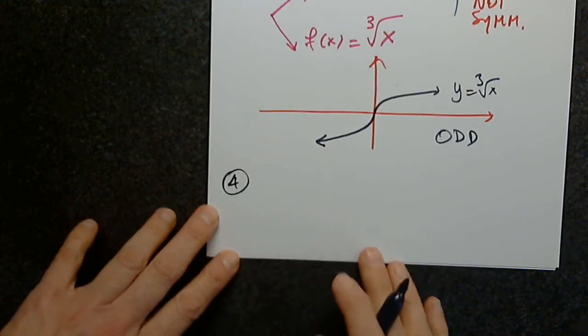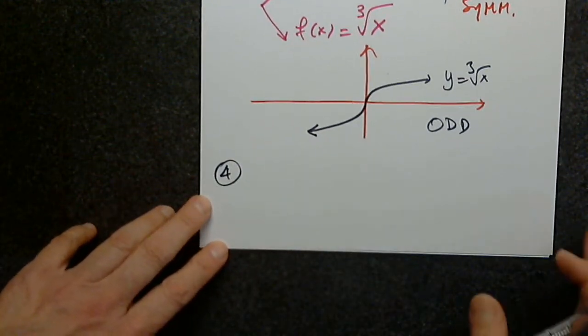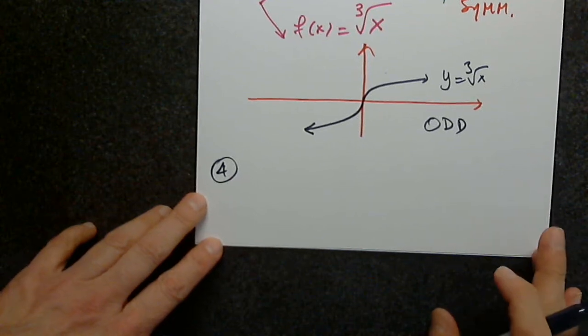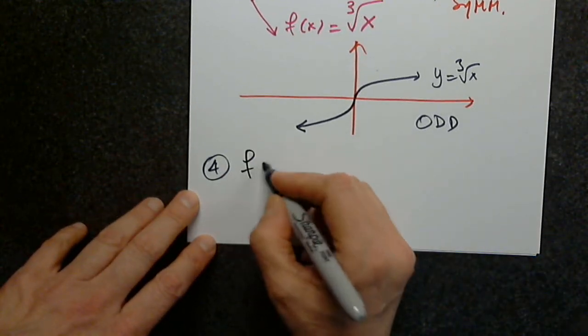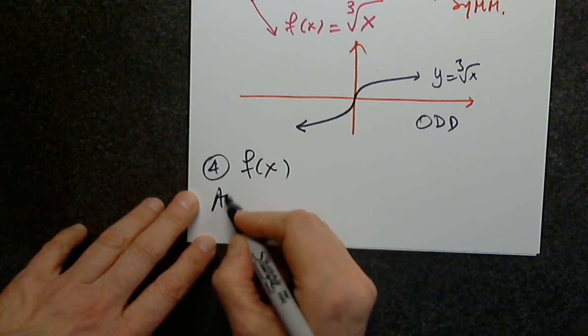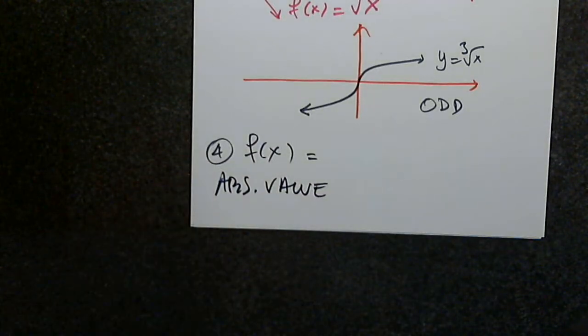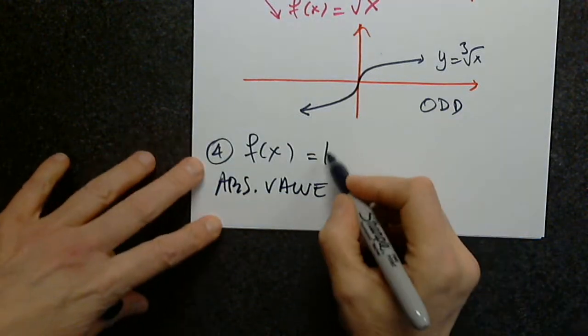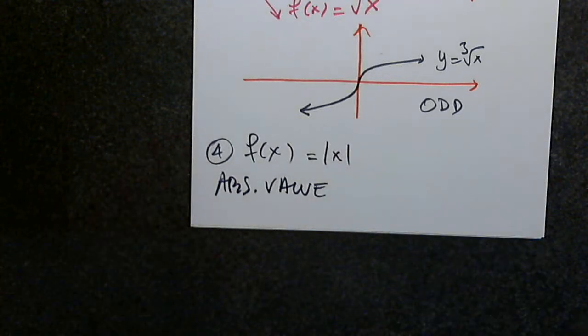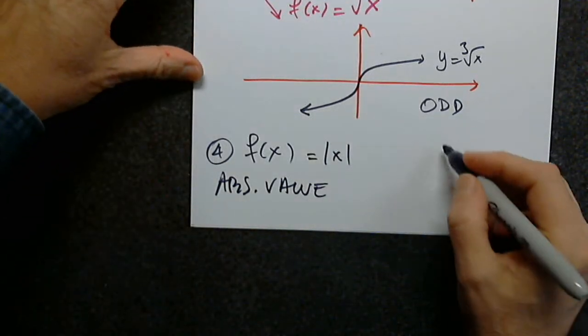Okay, I want one more, although we can come up with others, but four are good enough for now. So absolute value. Can anyone give us the simplest possible absolute value function? That's it. That's the simplest possible absolute value. And here is the graph.